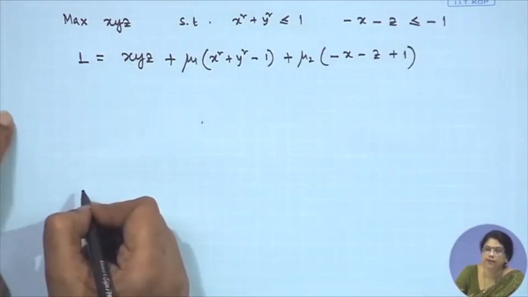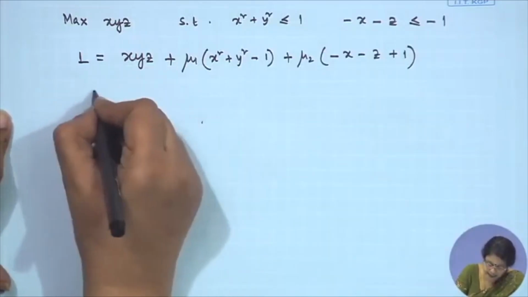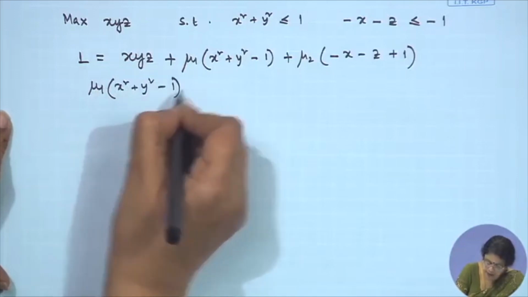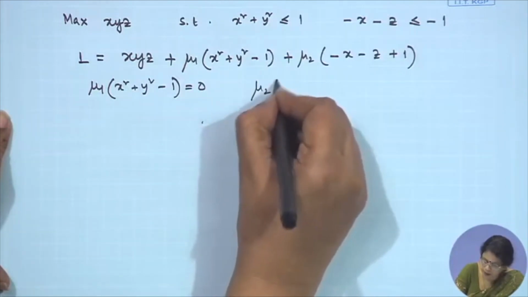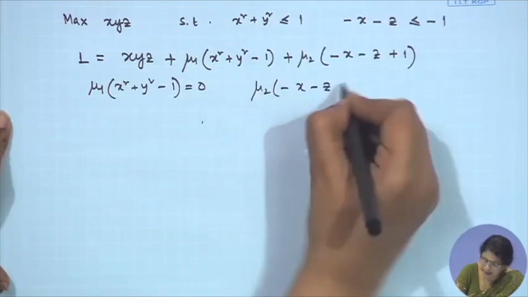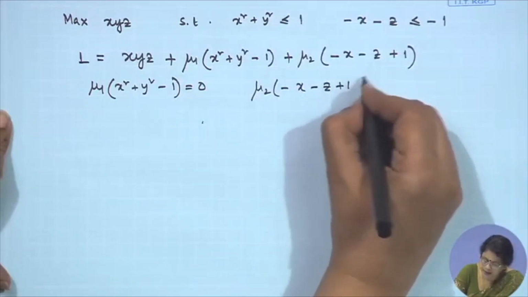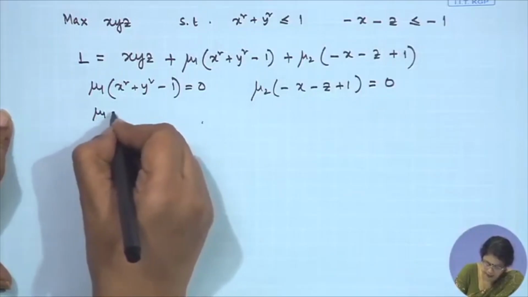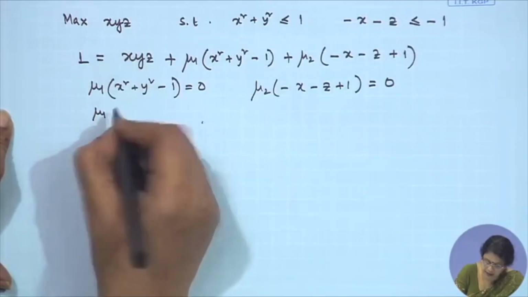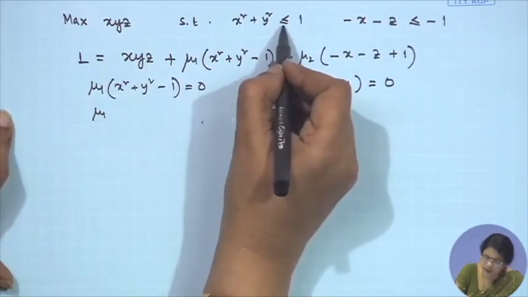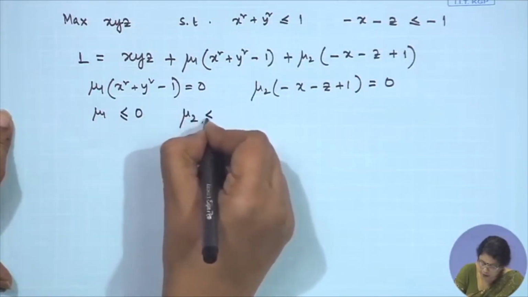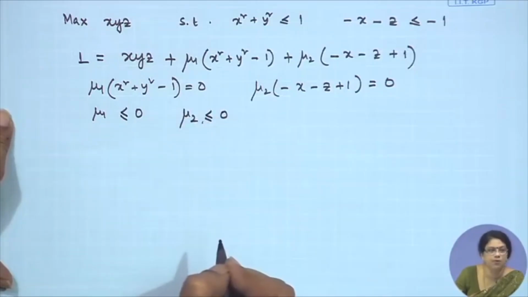All right. What else can we say? We can say mu 1 times x square plus y square minus 1 is equal to 0, and mu 2 times minus x minus z plus 1 is equal to 0. Since this is a maximization problem with less than or equal to constraints, mu 1 must be less than or equal to 0, and mu 2 must be less than or equal to 0, we know.